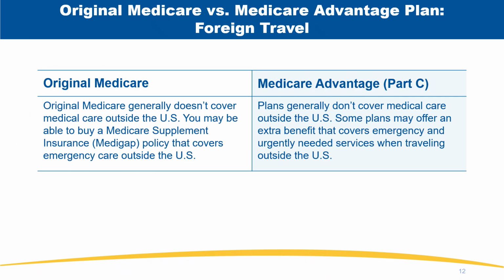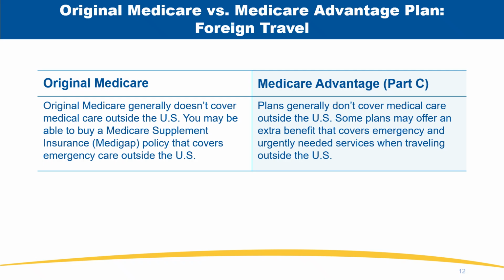Foreign travel. Original Medicare generally doesn't cover medical care outside of the U.S. You may need to purchase a Medicare supplement insurance plan, also known as Medigap, that covers emergency care outside of the U.S. So there's a hidden benefit that may be within the Medigap plan. You would have to confirm this before you enroll into the Medigap plan.